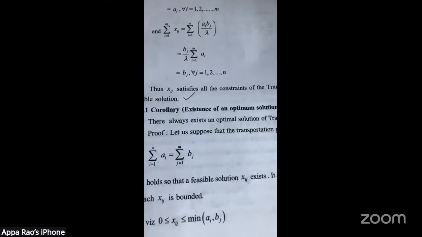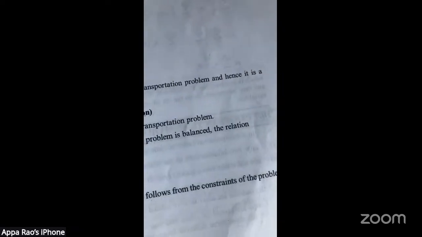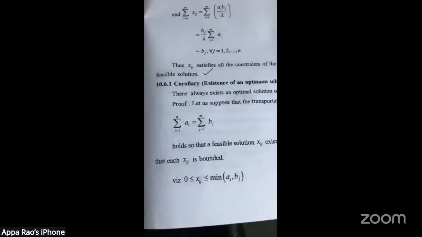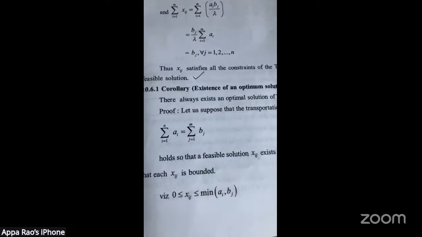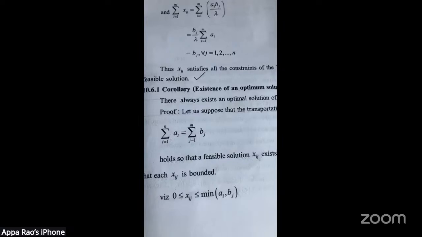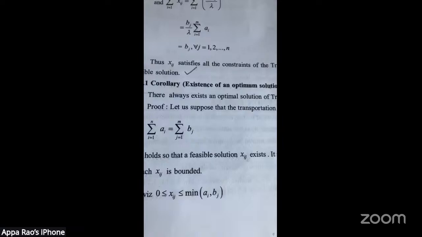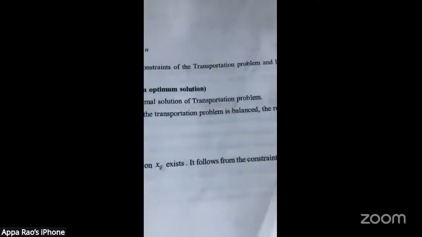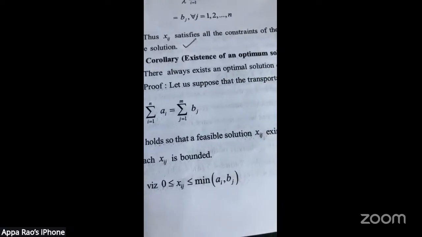Proof: let us suppose that the transportation problem is balanced, that is, the relation sum of a_i equals sum of b_j holds, so that a feasible solution x_ij exists. It follows from the constraints of this problem that each x_ij is bounded: 0 is less than or equal to x_ij, which is less than or equal to the minimum of a_i and b_j.